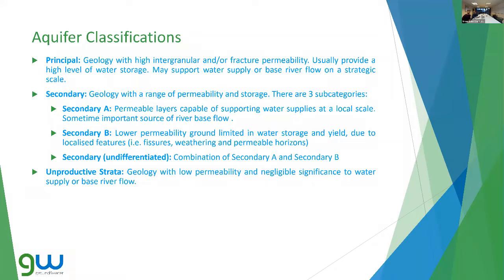Talking a little bit on the hydrogeological setting for London, these are the different aquifer classifications that everybody's familiar with. We have principal aquifers, mainly associated with chalk. However, you will not find that in central London easily. Usually your superficial deposits consist of secondary aquifers, and you have unproductive strata, most of the times connected with thick cohesive deposits like the Claygate Member and London Clay.